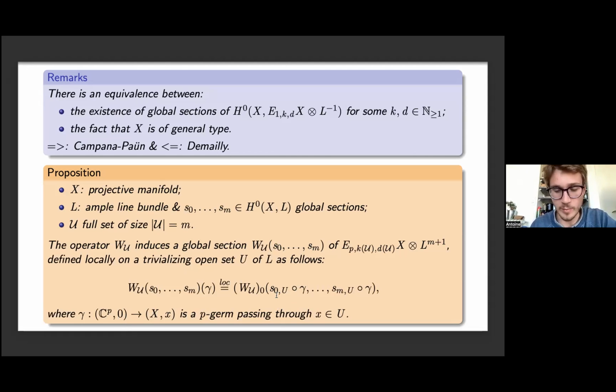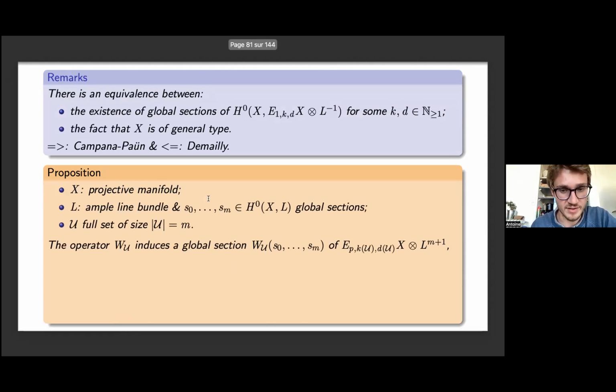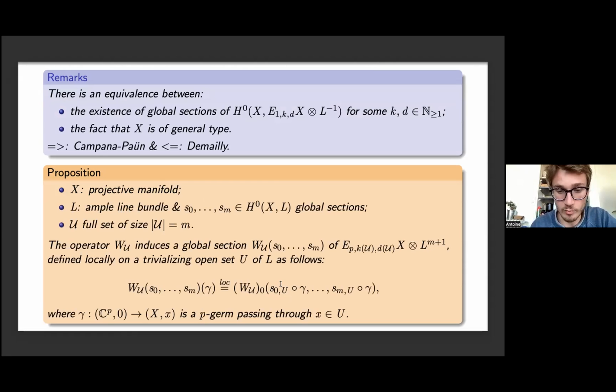Locally, our line bundle is really U times C, so writing in trivialization, we have a map from U to C. If we precompose this by the germ, we find a map from C^p to C. And so we can use the differential operator associated to this Wronskian.